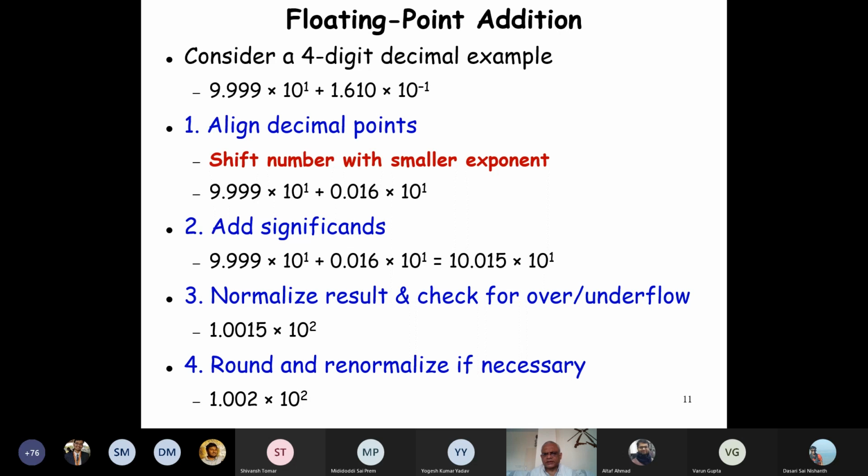Anybody else would like to answer? Shubham Karmakar. Any ideas? Why do we shift the number with the smaller exponent and not the other way? Sir, could not figure out. Okay. It's not hard to figure out. Just think about it. Do we lose anything?